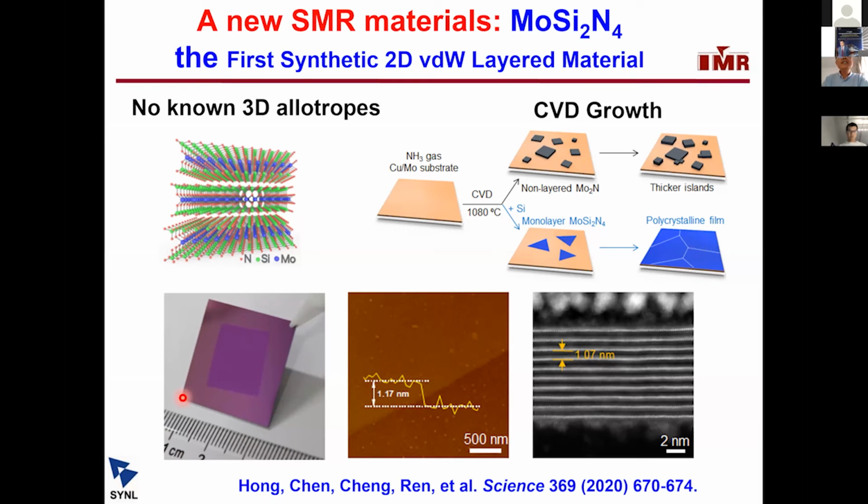The thickness is around 1 nanometer, which is exactly the same as we observed for one layer by HRTEM.